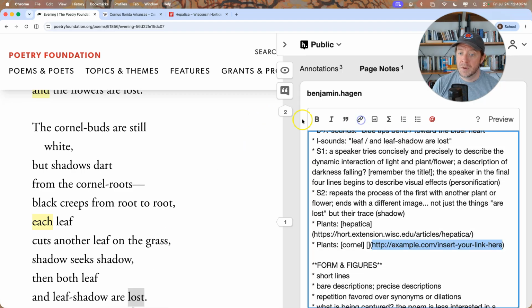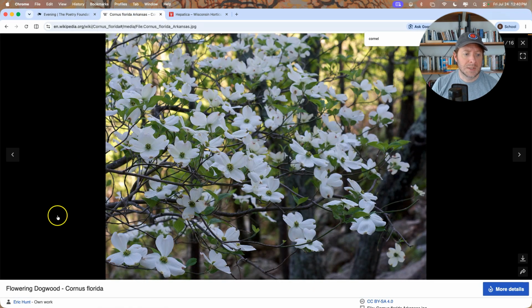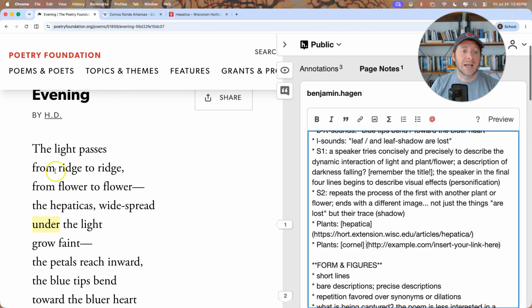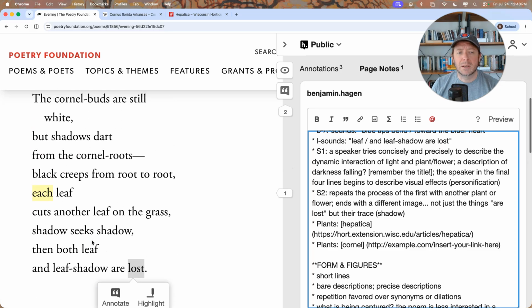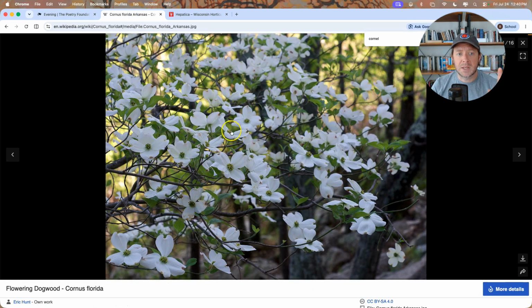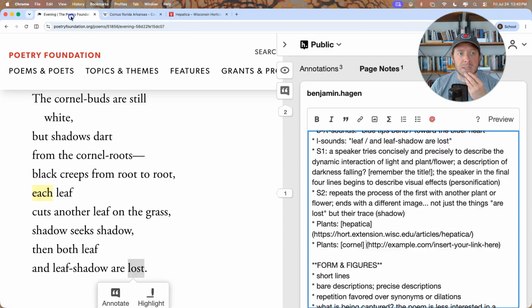But I think what's being described is something like the flowering dogwood, the dogwood tree, which would make sense because it does seem flowers are being described in stanza one, whereas we get something that sounds more like a tree in stanza two. And there's a reference to buds and being white, and so when I was looking for that, this is the image that I was seeing.